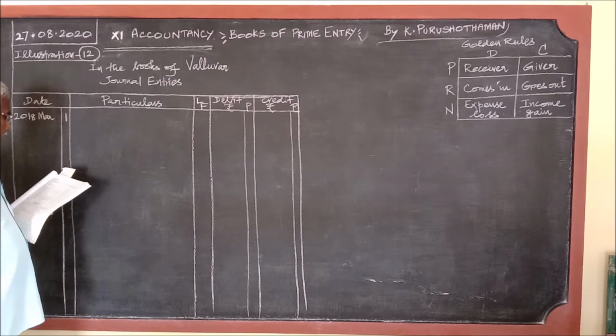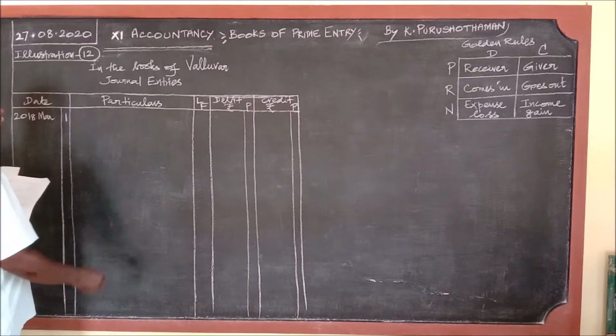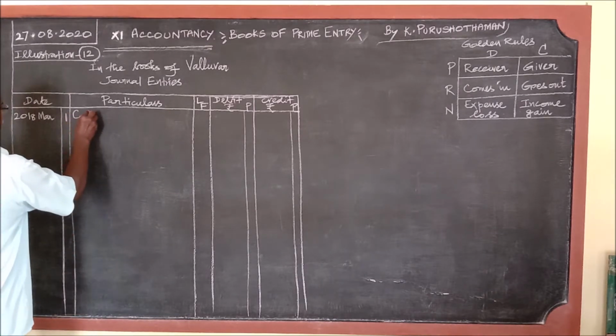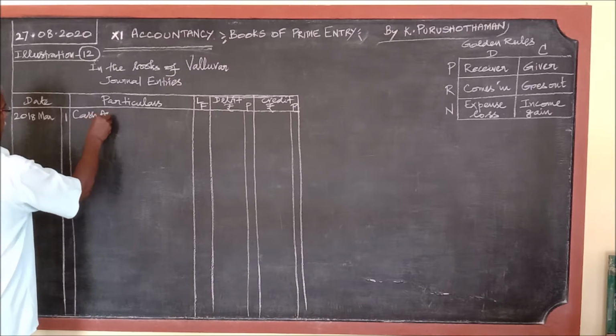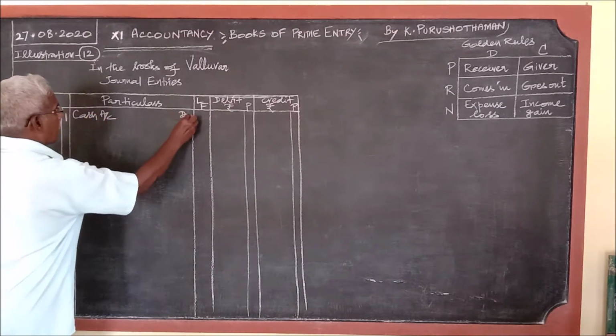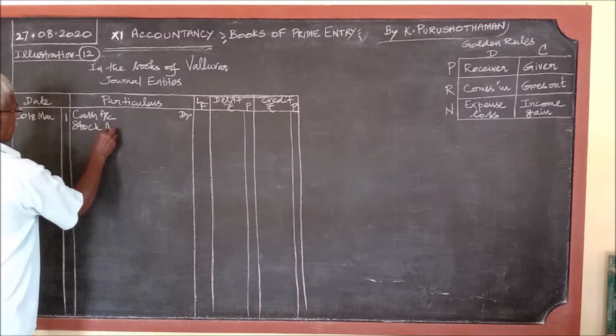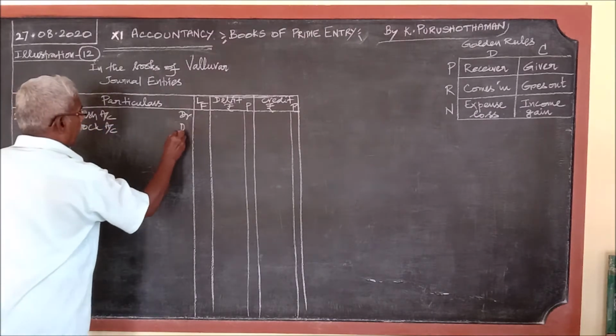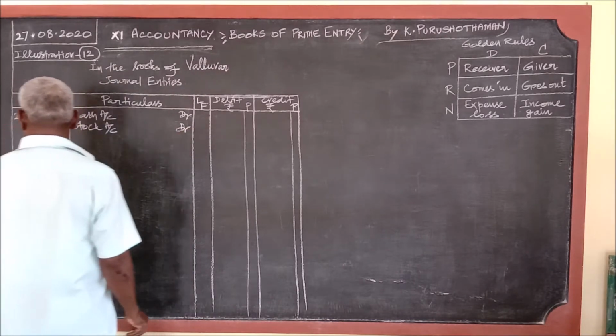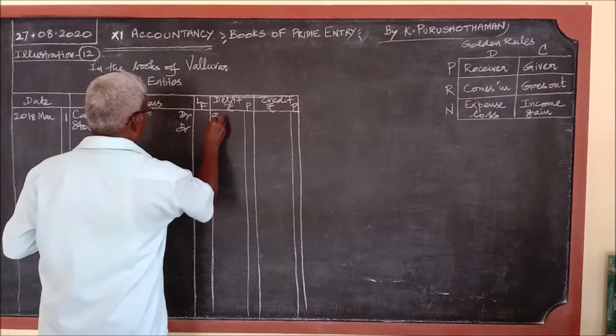Commenced business with cash, with goods. So, what comes in? Cash comes in, cash account, debit. Goods comes in, stock account, debit. The amount is 90,000, 60,000.